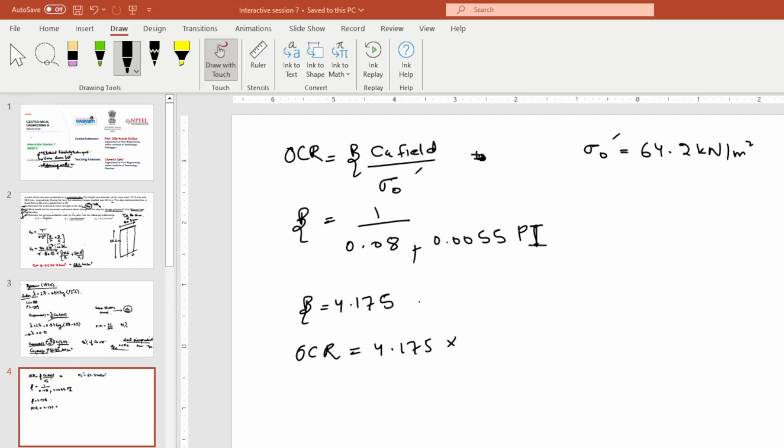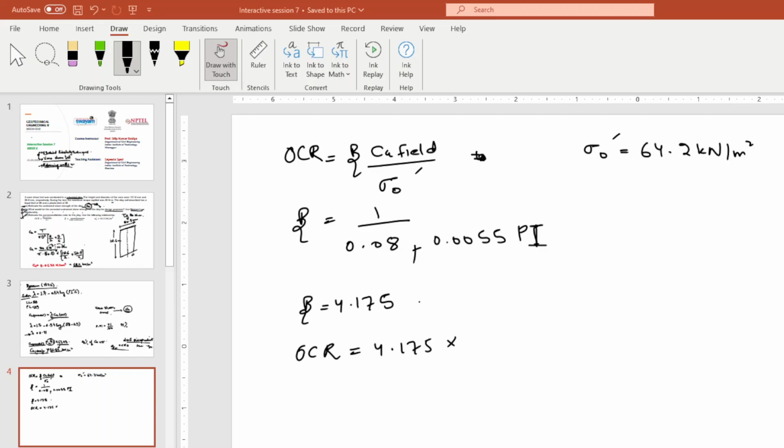I'm actually rechecking the relation because in one source it is written OCR is beta to the power, and the other is beta multiplied. I'm trying to see which is correct.